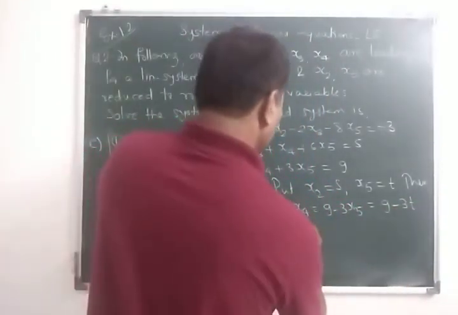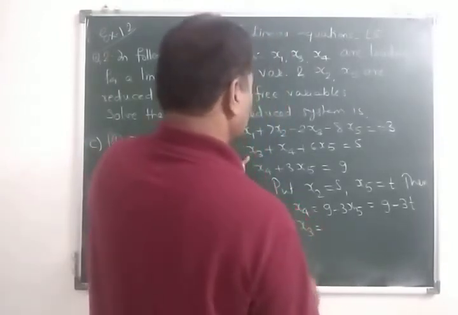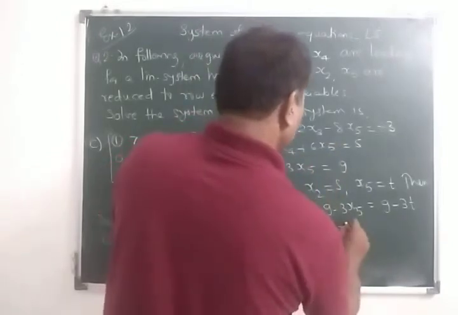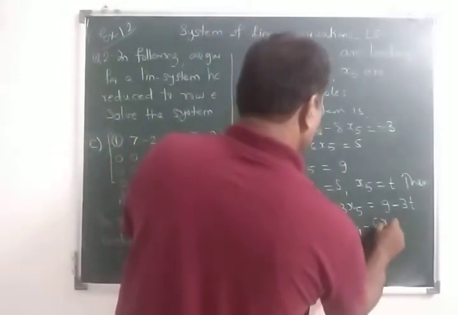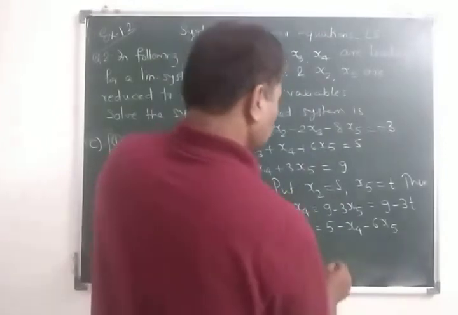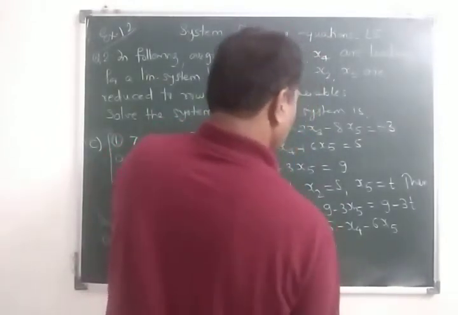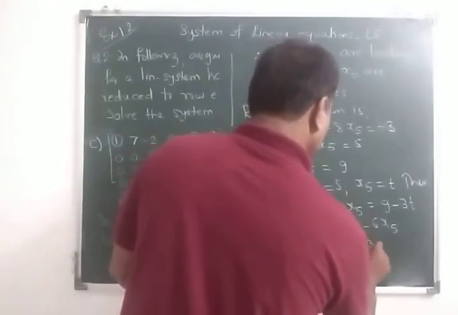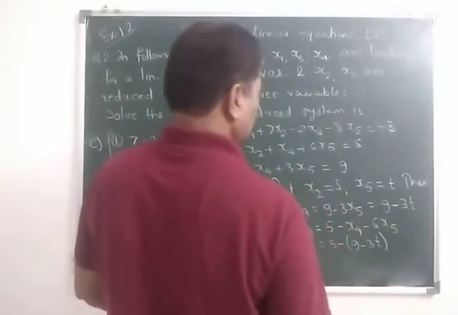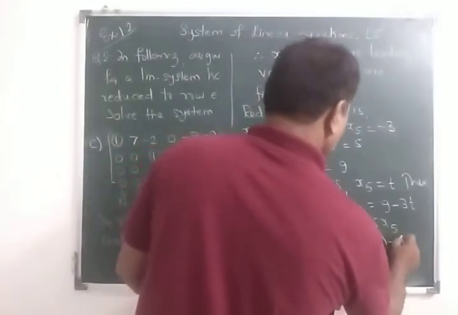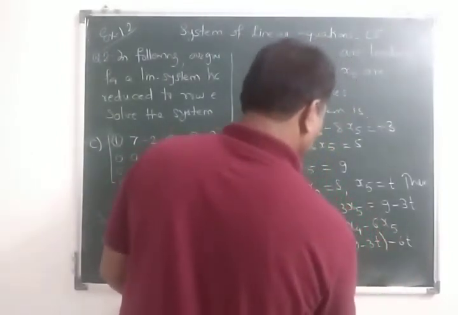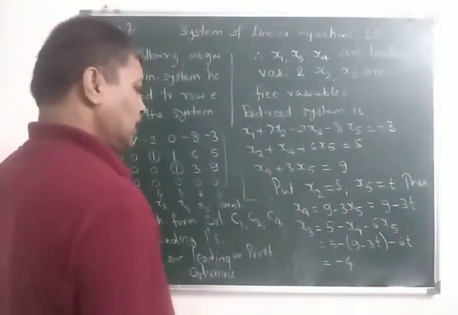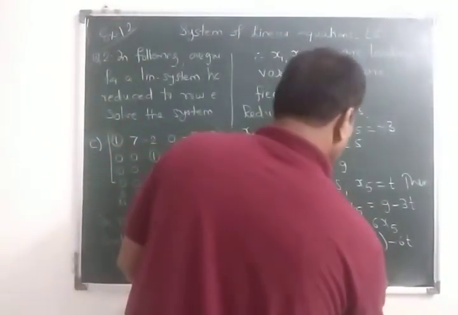x3 is equal to 5 minus x4 minus 6x5. So 5 minus, in brackets, 9 minus 3t, and minus 6t. After simplifying we will get 5 minus 9 is minus 4, plus 3t minus 6t, so minus 3t.